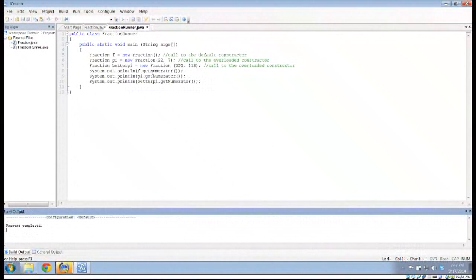And I will get all three of those numerators, 0, 22, and 355, respectively.